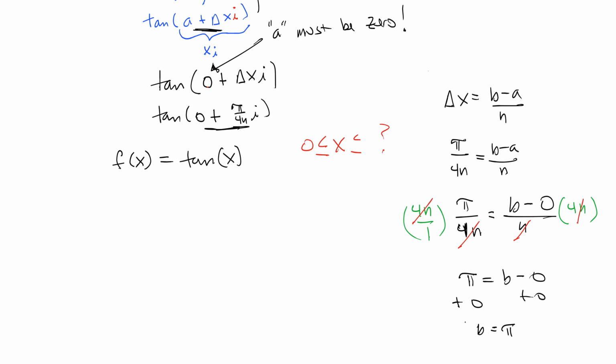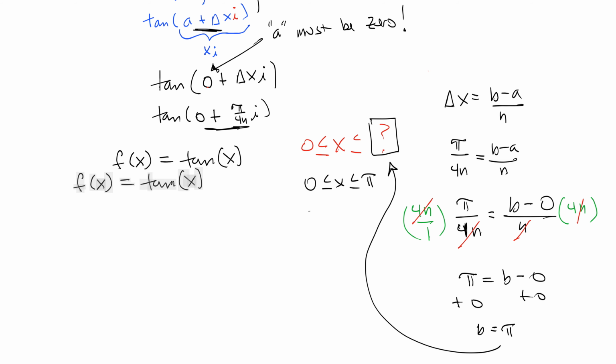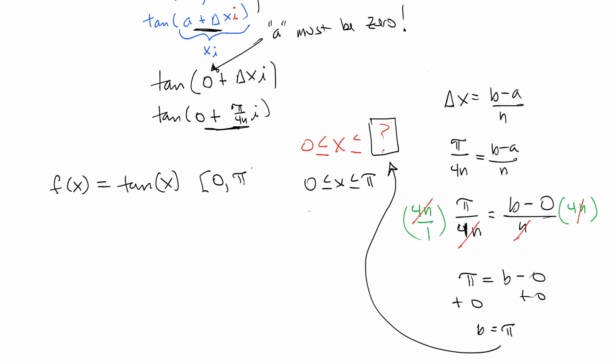So now we have our upper bound. That's what goes right there. So we know that we're going to go from 0 to pi. Or you can write it in interval notation. I'll just do it like this. So the boundary is from 0 to pi, including 0 and pi. And that's the answer.